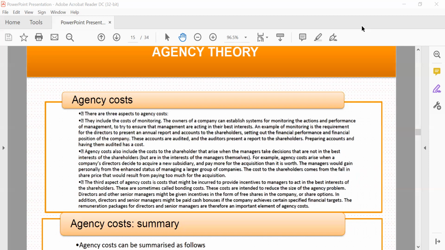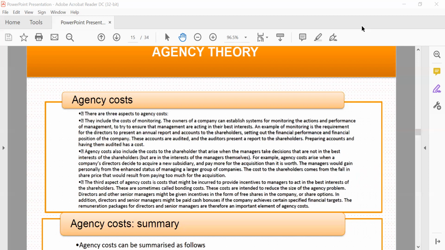The owners of a company can establish systems for monitoring the actions and performance of management to try to ensure that management are acting in their best interest. An example of monitoring is the requirement for the directors to present an annual report.